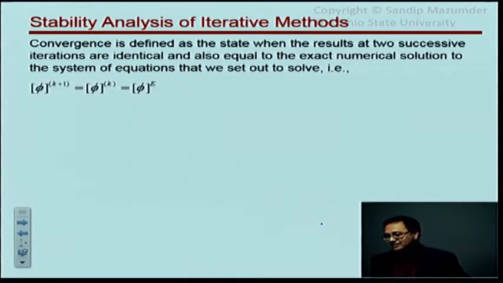So it's kind of dangerous to use this. However, when your L2 norm goes to 0, this is exactly what happens. You get the exact numerical solution, which I am denoting by phi e, and that is also equal to the solution at two successive iterations, because the residuals have dropped to 0. So the phi is not changing anymore.